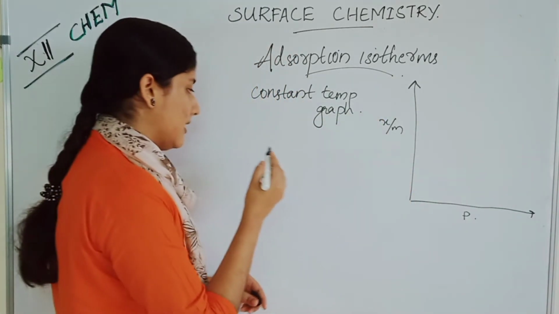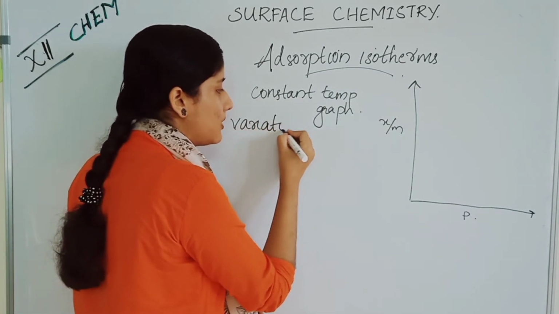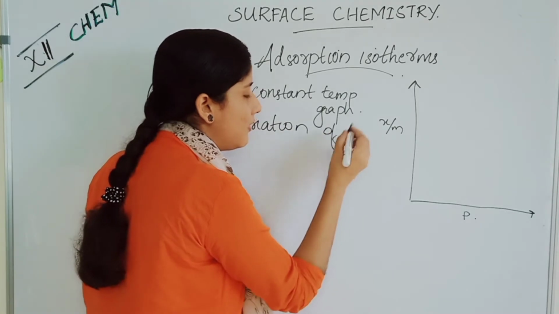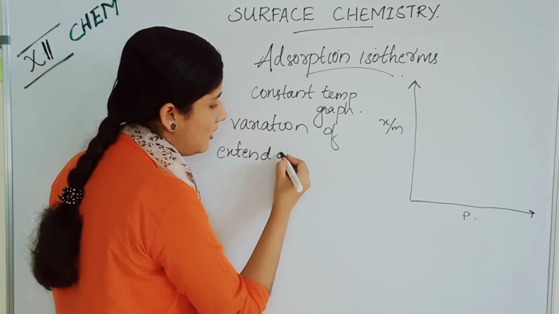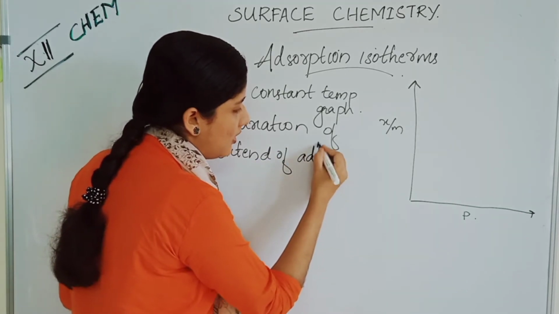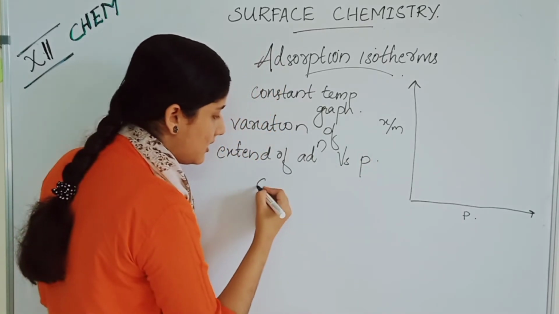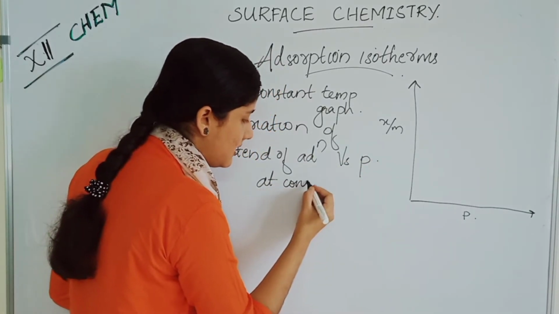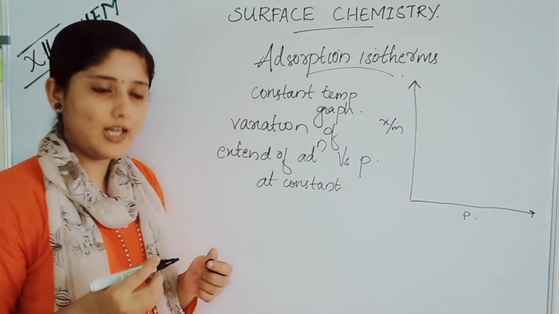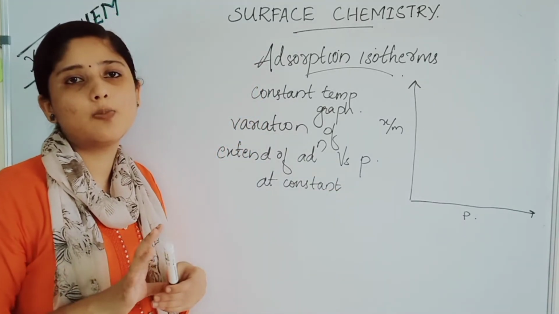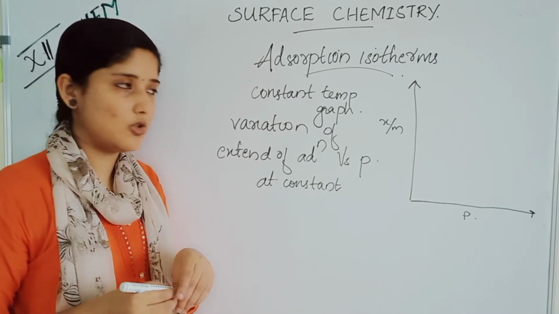It represents the variation of the extent of adsorption versus pressure at constant temperature. This is the definition of an adsorption isotherm: variation of the extent of adsorption x by m with the pressure at constant temperature.